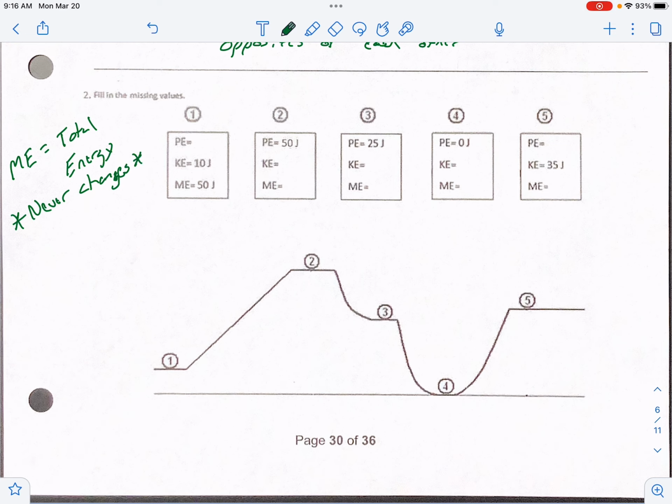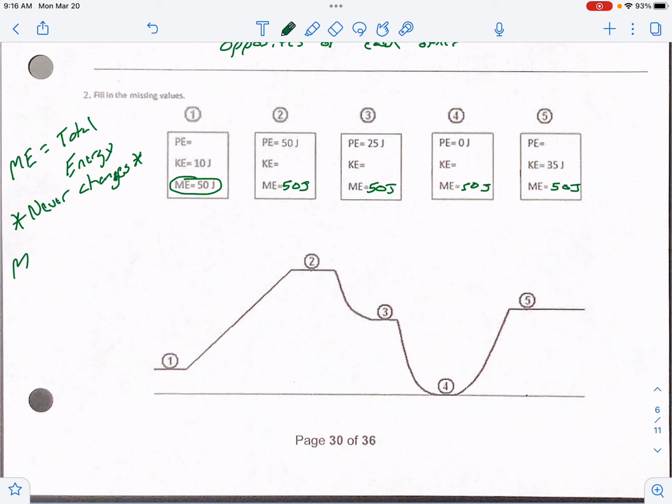So your mechanical energy is going to stay the same the entire time. If you can find mechanical energy, that helps quite a bit because you know it never changes. In part 1, I know that mechanical energy is 50 joules. So that means mechanical energy is going to be 50 the entire time. You can go ahead and mark these as 50.